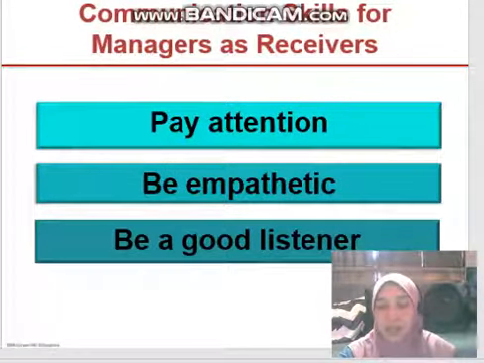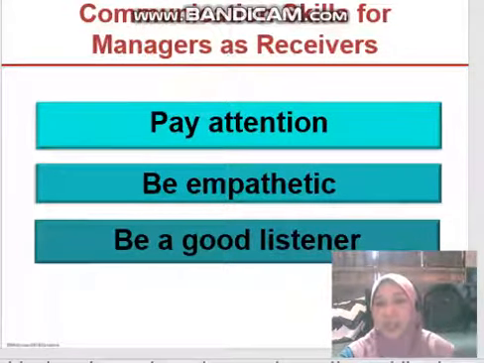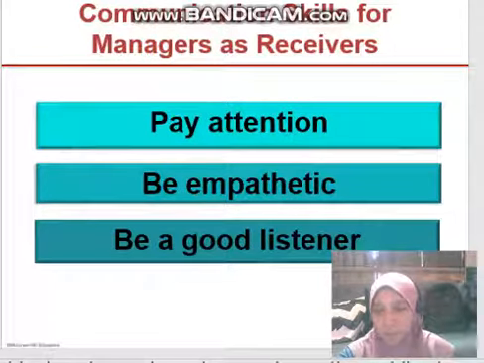Managers should maintain eye contact with the sender so that senders feel their listeners are paying attention. After receiving a message, managers should ask questions to clarify points of ambiguity or confusion. The manager should paraphrase points sent by the sender that are important, complex, or open to alternative interpretation.